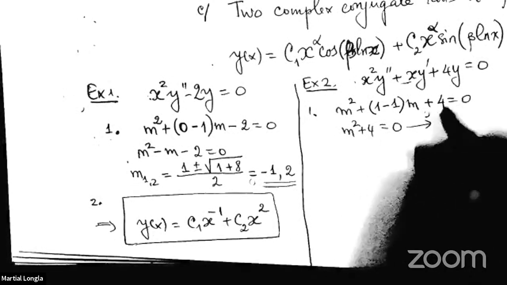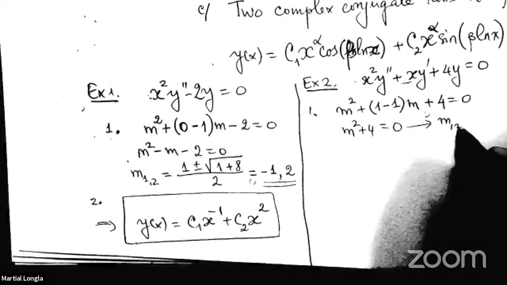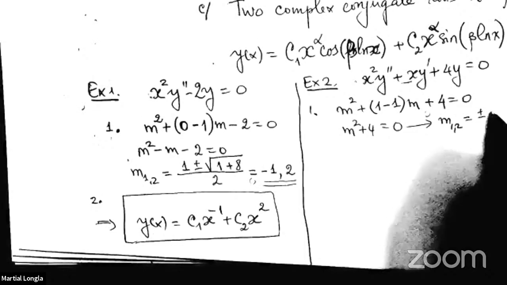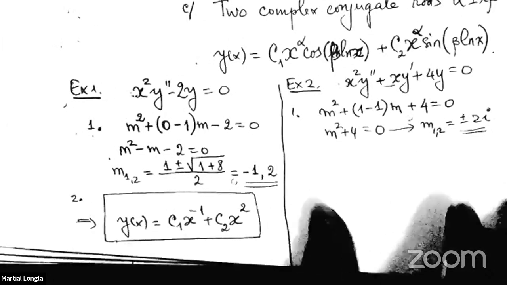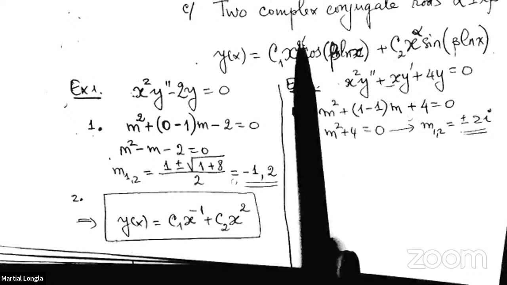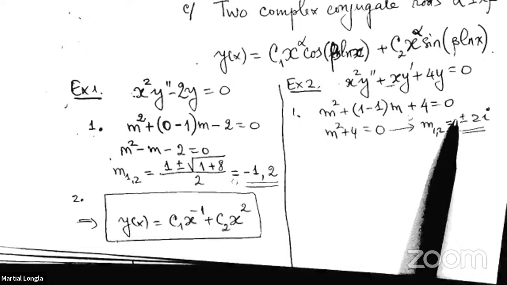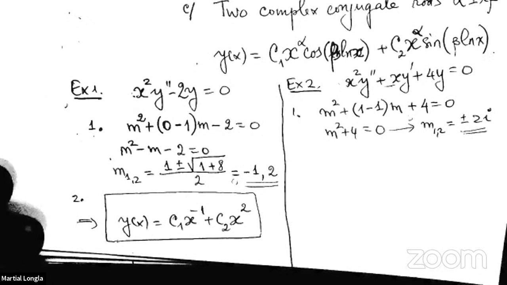And this gives you complex conjugate numbers. m1,2 is plus minus 2i. So this is the case of complex conjugate roots. Alpha is 0, which is the real part, and beta is 2.